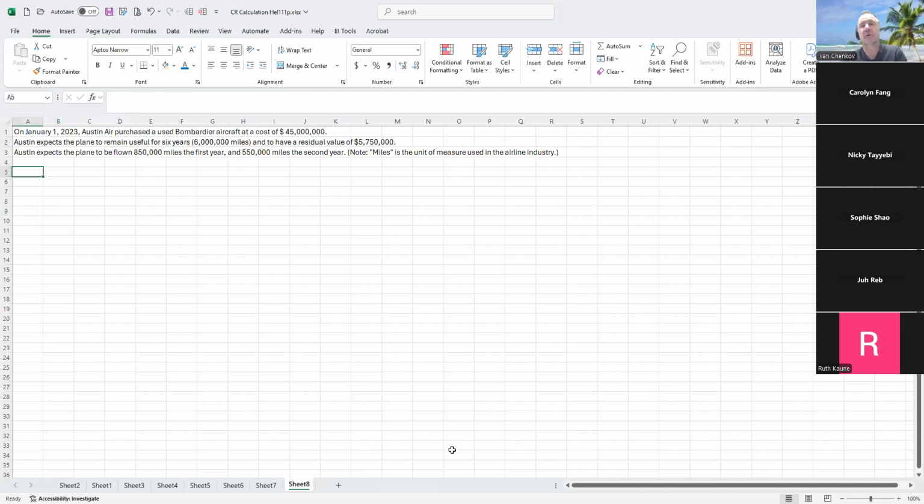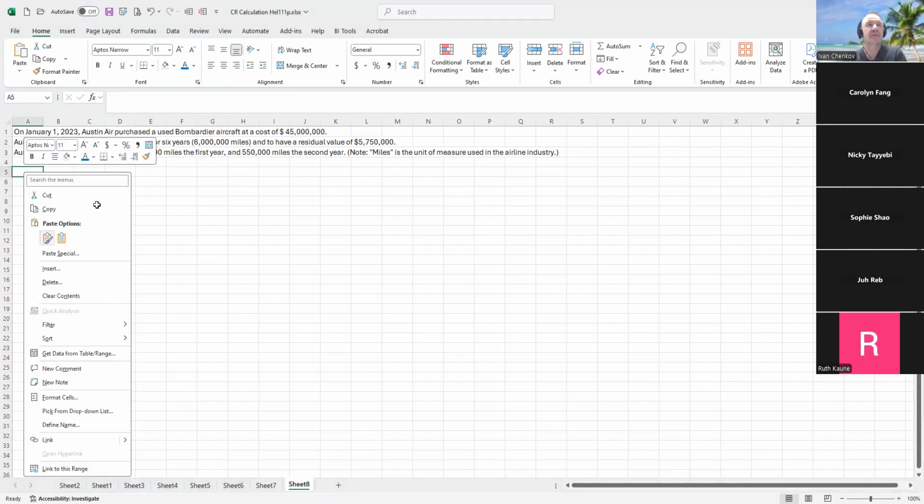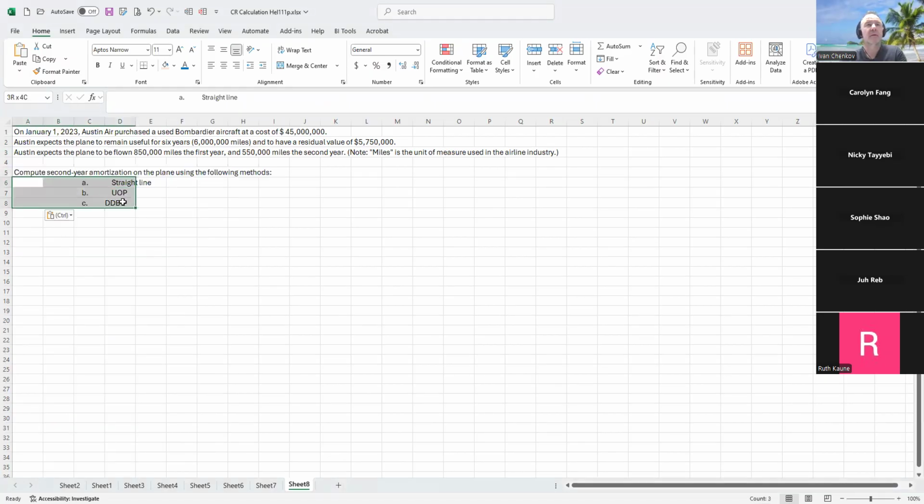So now what we have to calculate is the depreciation for this asset for year 2 under each of the methods. Which are the methods? Obviously the usual suspects: straight line, units of production and double declining.